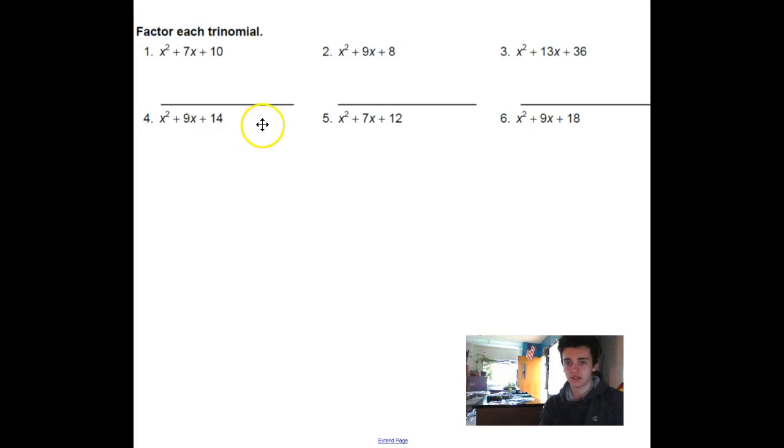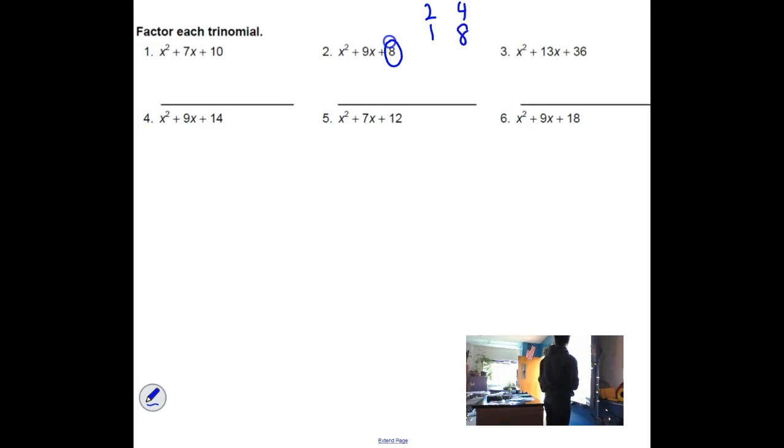All right, so let's jump into a couple of examples. Let's start with number 2, x squared plus 9x plus 8. We're looking at this constant term, and we're going to write down all of the factors that multiply together to equal 8. Off the top of my head, 2 and 4, 1 and 8.